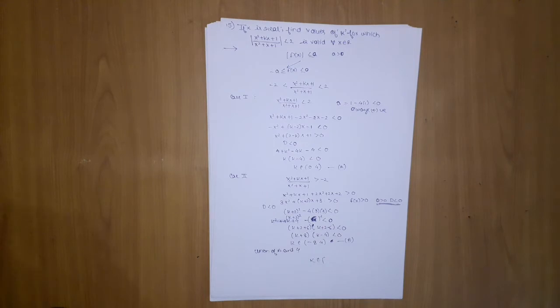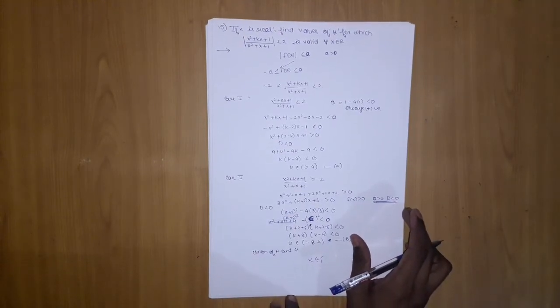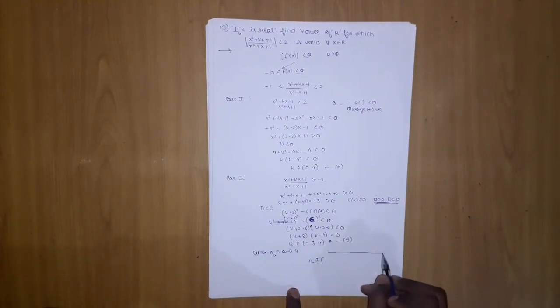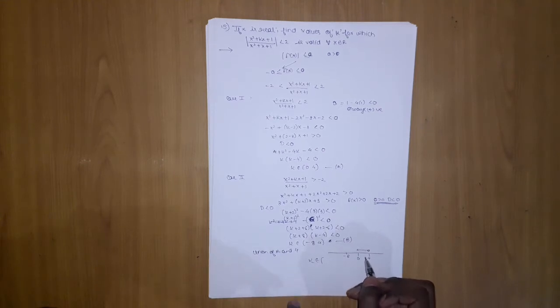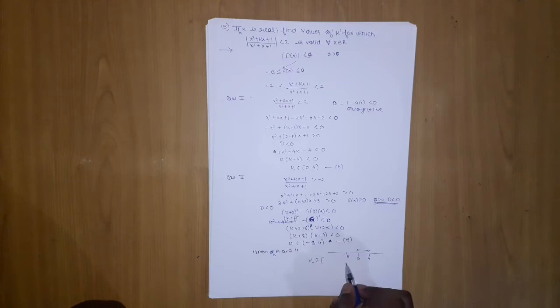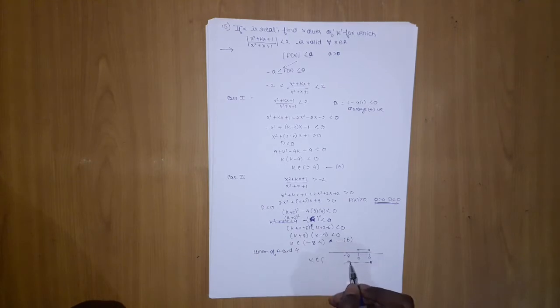So here if we plot this, 0 to 4 here, and here minus 8 to 4.